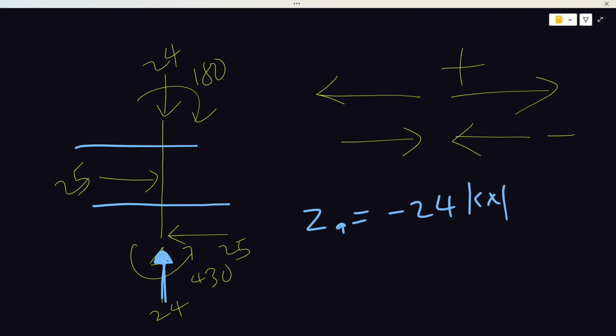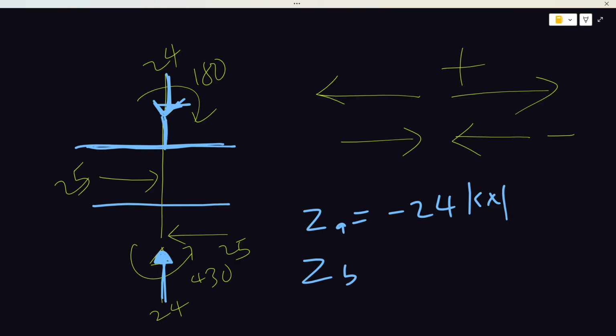Similarly, coming here to cut and taking just this cut portion, this blue portion, you have neglected the other downward portions. So taking just that portion, it is only 24 that we can consider as axial force, and it will also cause a compression.